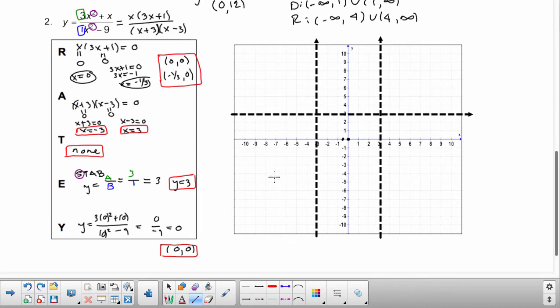Try to stick to easy numbers as much as you can. So when you test this point, you'll find that the y ends up being in this part of your graph. So that's all the information we need, just one point, and we can show it as this.